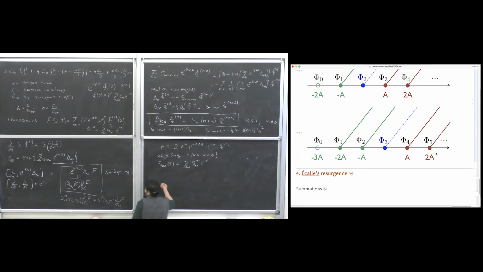So basically, that means that e to the minus ka z delta ka of f is going to be the sum of sigma n e to the minus n a z z to the n beta e to the minus k a z delta ka of phi n. That's what will give me.